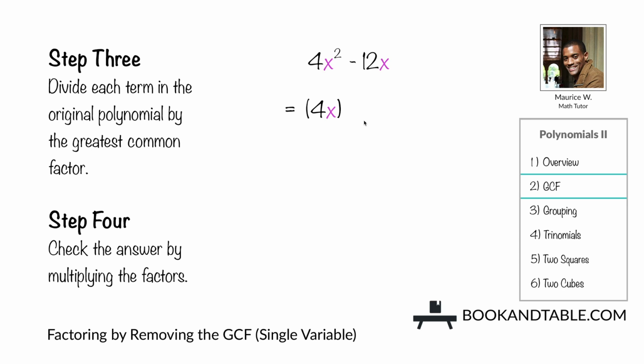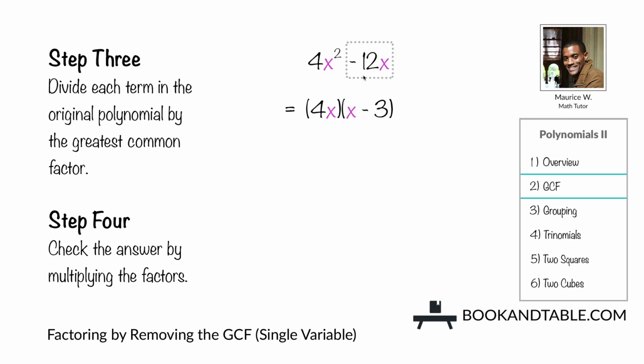And now to figure out the second factor, you want to divide each term in the original polynomial by the greatest common factor, 4x. And when you do so, 4x squared divided by 4x would give you x. 4 divided by 4 is 1. X squared divided by x is equal to x. 1 times x is just x.